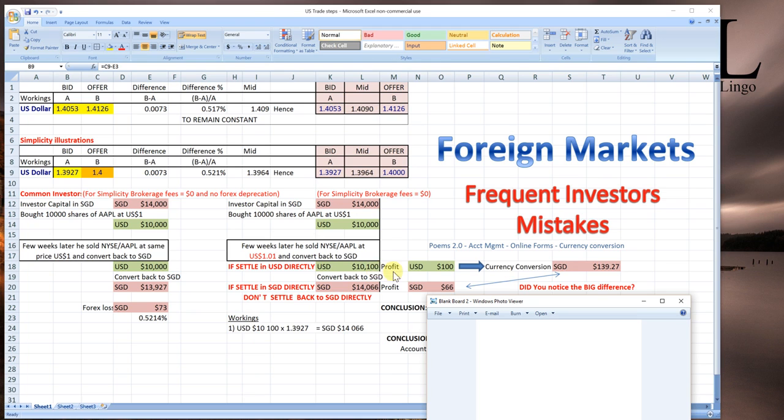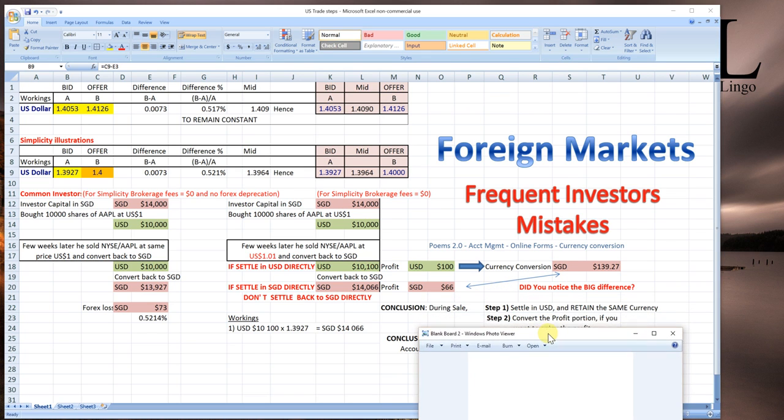Maintain it in USD and later on convert the profit portion back to Sing only. Okay, I know a lot of investors will be very happy to make $100 profit or a lot of USD profit and would like to immediately convert it back to Sing. I strongly do not recommend you to do that. It's an obvious mistake. Okay, you can see that there's a big difference here.